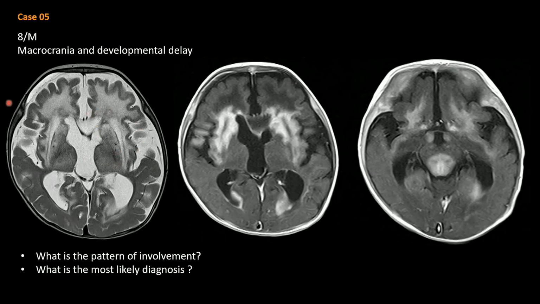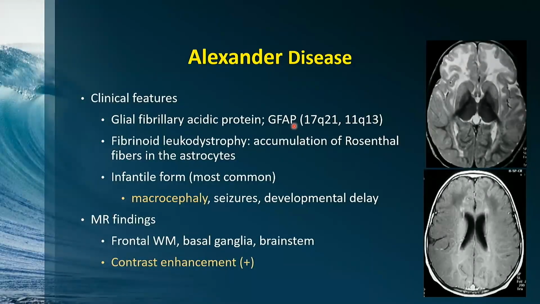So frontal predominance and contrast enhancement of the involved white matter suggest Alexander disease. Alexander disease is caused by de novo mutation of the gene that encodes glial fibrillary acidic protein, and clinically macrocephaly is a very typical feature.